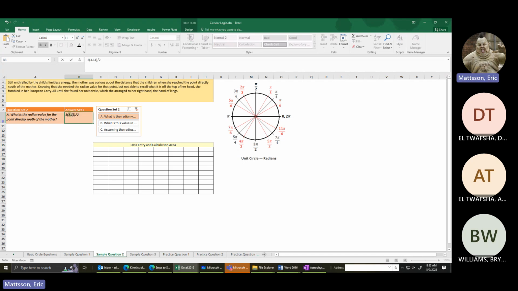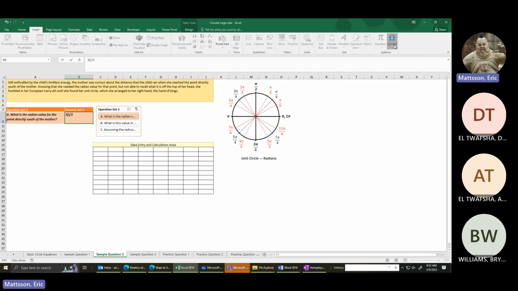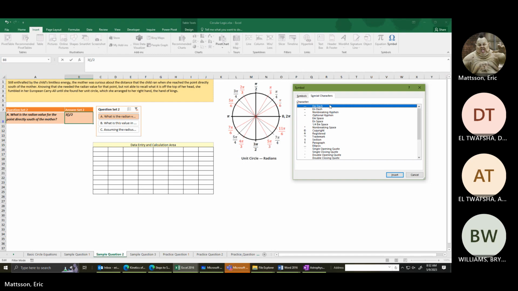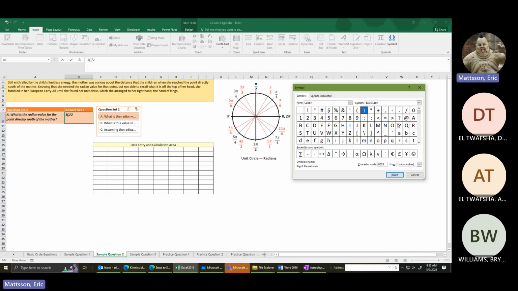Or I don't know if we can. If you want to insert a symbol, you can insert the symbol in here. So we go in here. That's annoying. I have to search through all this. Well, I'm already committed, so we'll search through all of this.